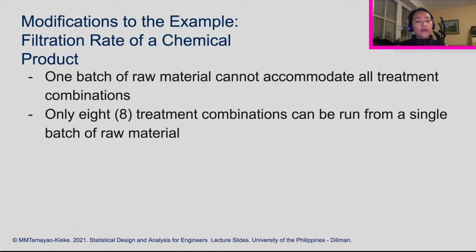So now let's modify the example to illustrate the use of confounding in a factorial experiment. Suppose that one batch of raw material cannot accommodate all treatment combinations. So you cannot completely run one replicate in one batch of raw material. Furthermore, only 8 treatment combinations can be run from a single batch of raw material.